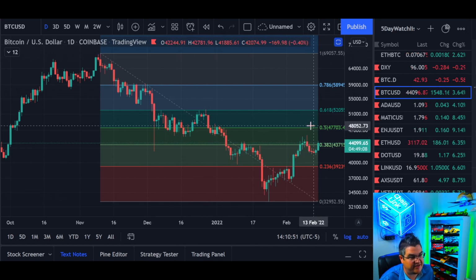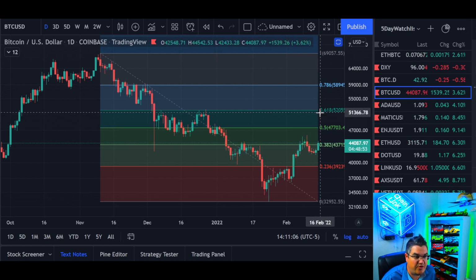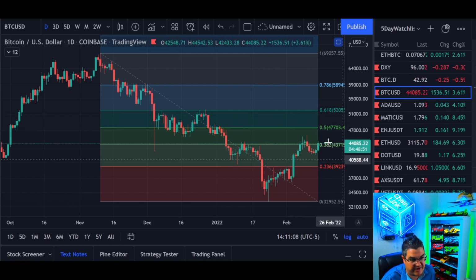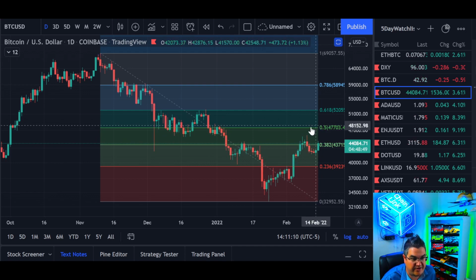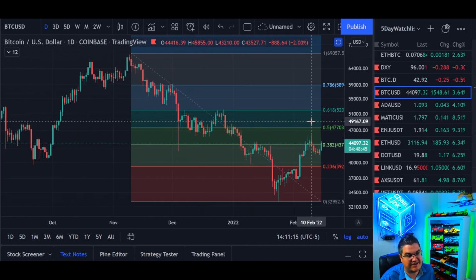You've overtaken your high. Lots of good things could come if we can somehow overtake the 0.5. And oftentimes, the 0.5 on a lot of coins, when you're retracing or extending, you'll either face a breakout, a breakthrough, or a breakdown from that level. So big on several levels at the 0.5 for the fib on Bitcoin USD on the daily chart.